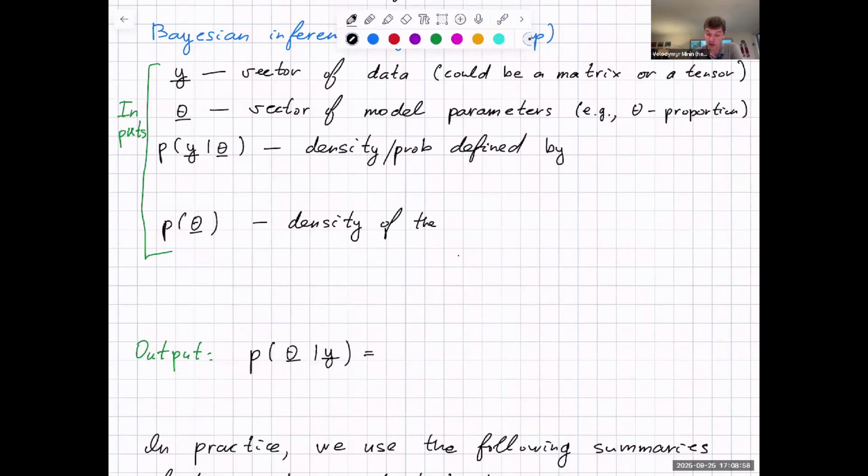Density or probability, we need another object. So P of y given theta. This is the density or probability defined by the data generating process, or model. So we need to have in mind some conceptual understanding of how our data are being generated. That's a little different from classical statistics. A lot of times we do have that as well, but not always.